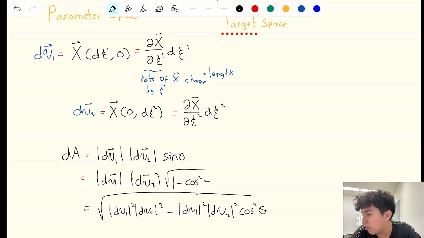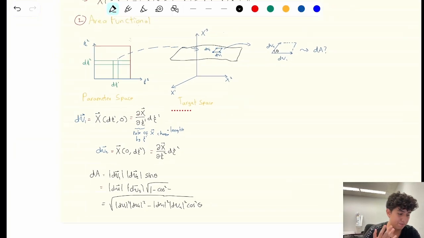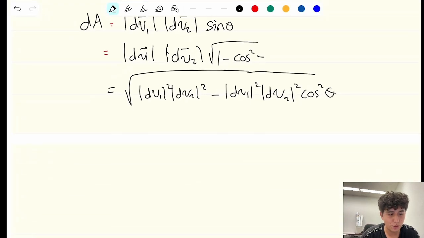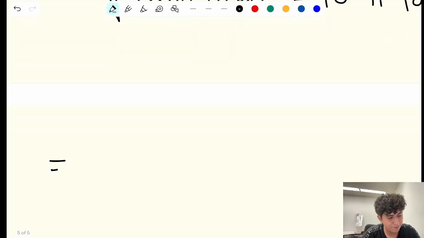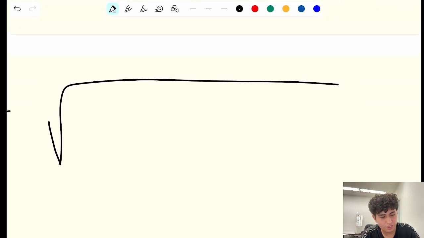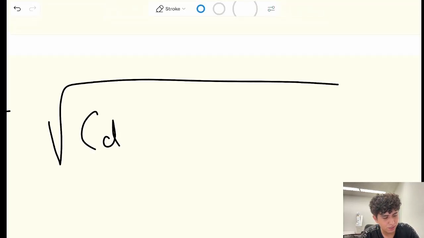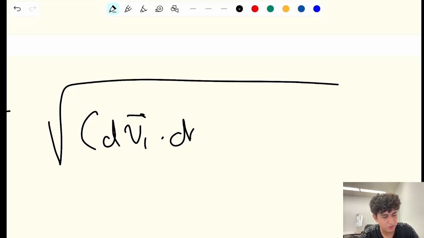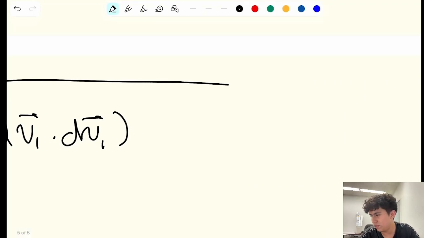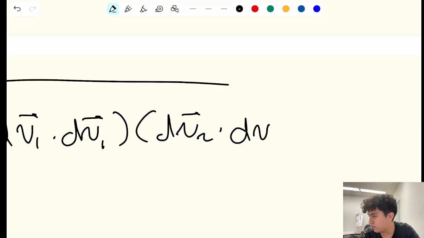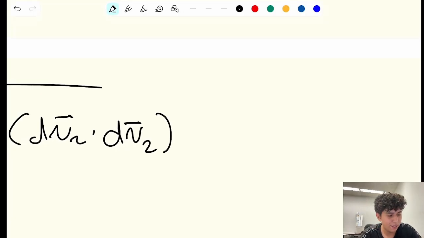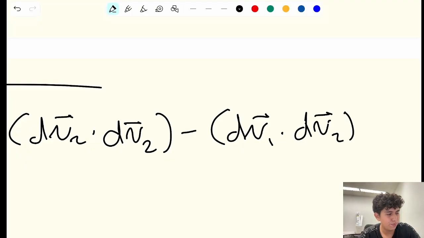So we found a formula for the area, and now we can write this in dot product notation, which is going to make it easier. So we can write it like db1 dot db1, or just writing it in a different way using the dot product notation. And this is all in normal vectors, the usual vectors you've seen in everyday life. So yeah, db2.